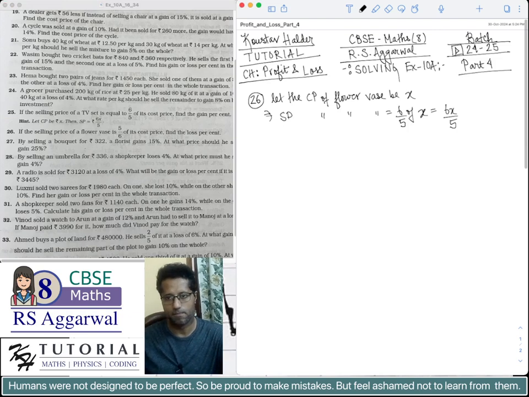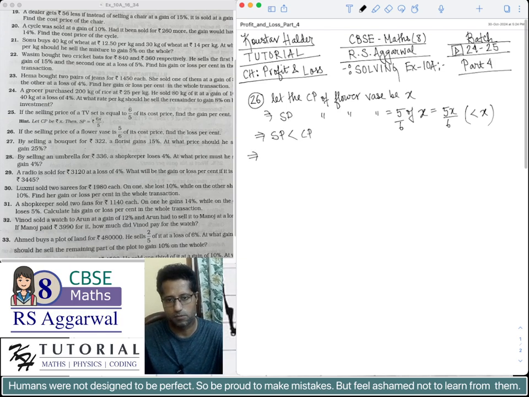Oh sorry, it was not 6 by 5 but 5 by 6. So 5 by 6 is definitely less than 1, hence 5x by 6 is less than x, because the fraction 5 by 6 is less than 1. So this implies that SP is less than CP.